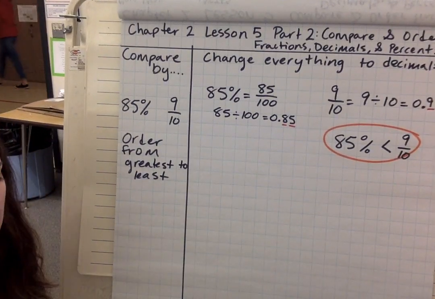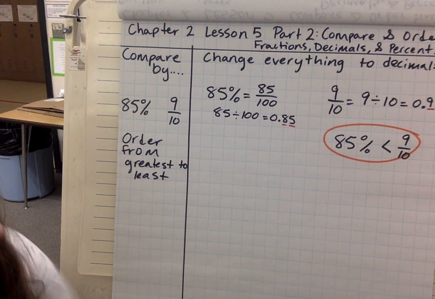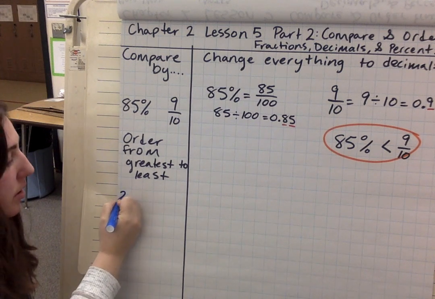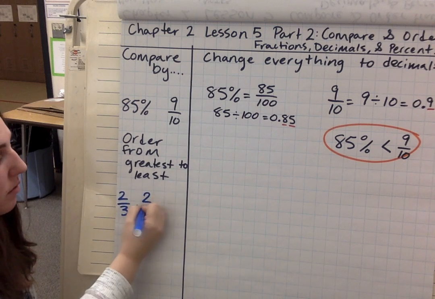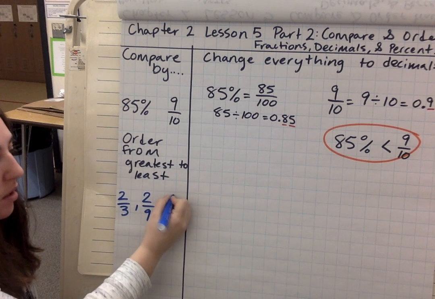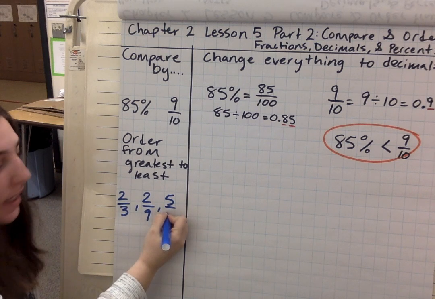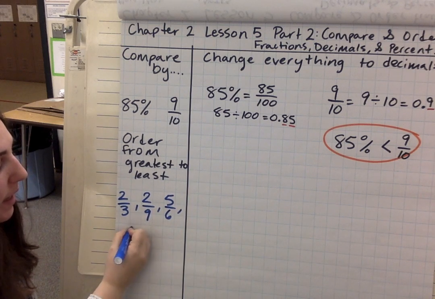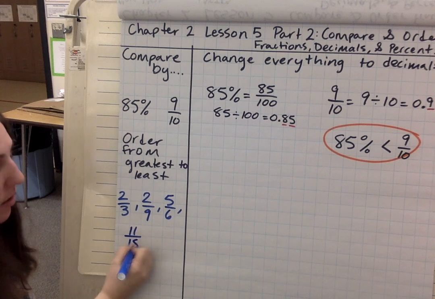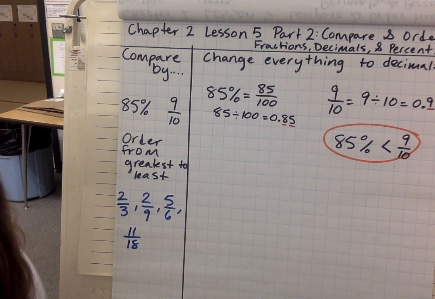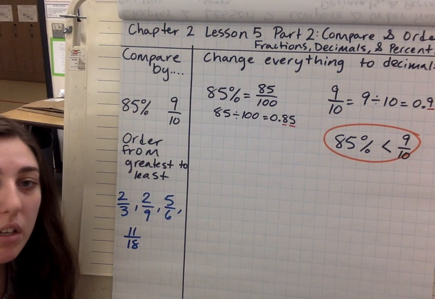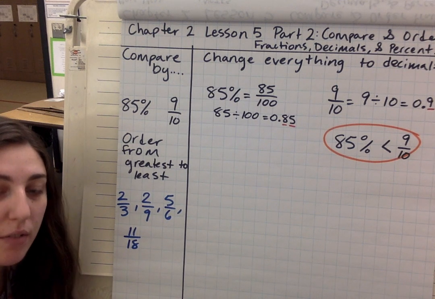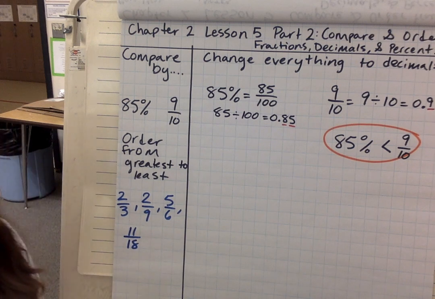So the numbers that we're given are 2/3, 2/9, 5/6, and 11/18. Okay, so we need to compare and order these four fractions. So we're going to use a strategy of changing everything to decimals. Okay, so let's start doing that.